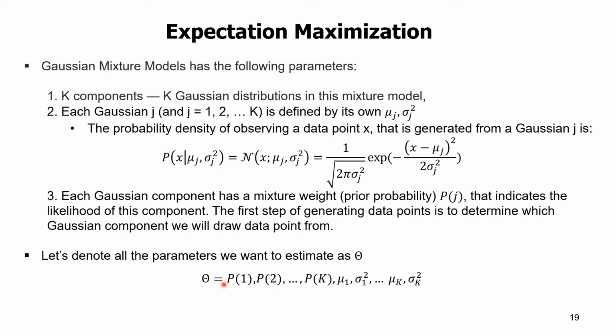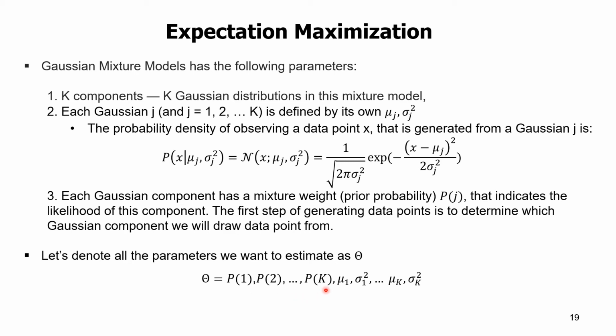Put this all together, these are all the parameters we're going to estimate by using the EM algorithm. These are the mixture weights of the Gaussians, and these are the parameters of the Gaussian distributions. Sometimes these mixture weights are predetermined.